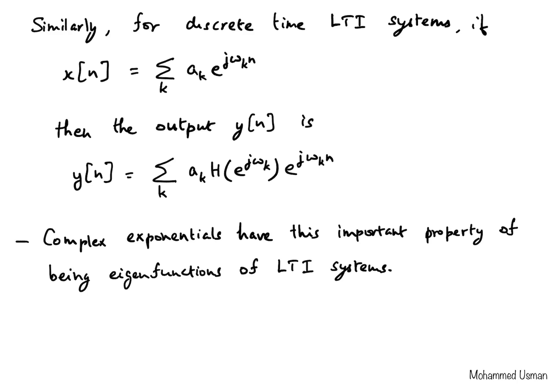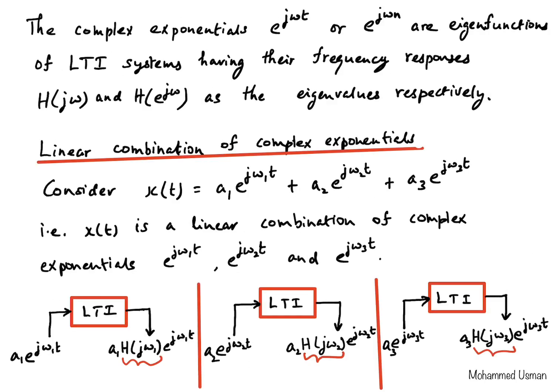Now, so far, in the representation of a signal as a linear combination of complex exponentials, we did not put any restriction on the values or on the relationship between omega 1 and omega 2 and omega 3 and so on, right? Omega 1 and omega 2 can be any value, omega 3 can be some other value, and we did not specify what the relationship is, if at all, between omega 2 and omega 1, or between omega 3 and omega 1, and so on.